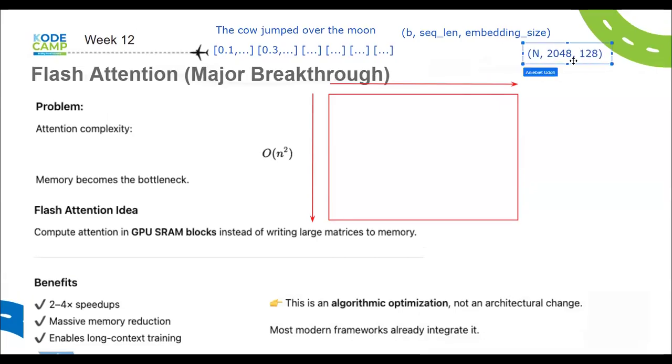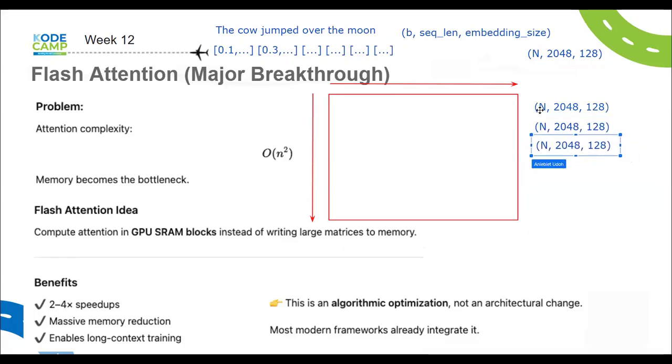So when you take this input and pass it, you are going to have a Q, K, and V, basically these three. The N is still there, but I will ignore it for the sake of this, and maybe I'll just use a star here.